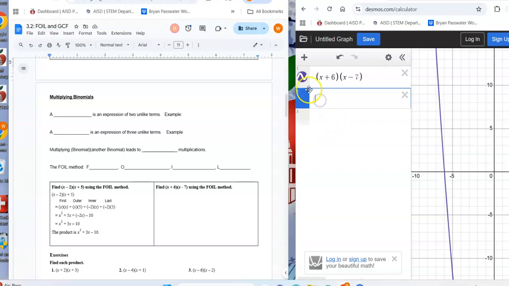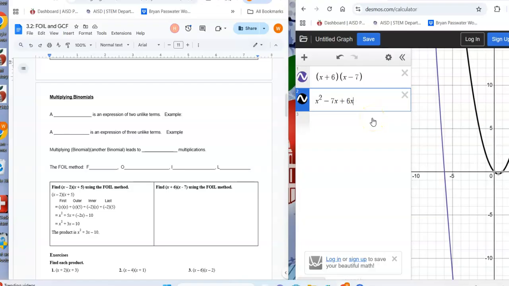FOIL means the first thing you do is the first thing you see on both sides, in the parentheses. x times x is x squared. Then I do x times the outside number, which is negative 7, so that is negative 7x. The inside, the I, represents the two numbers that are close to each other in the middle. 6 times x is 6x.